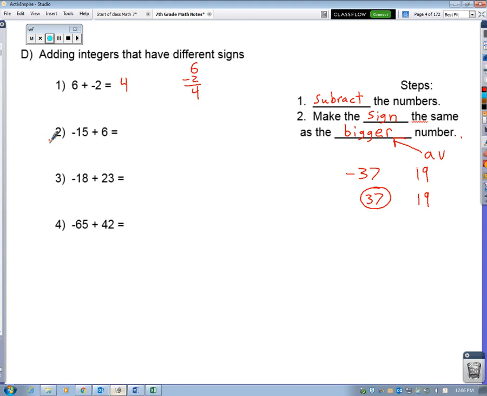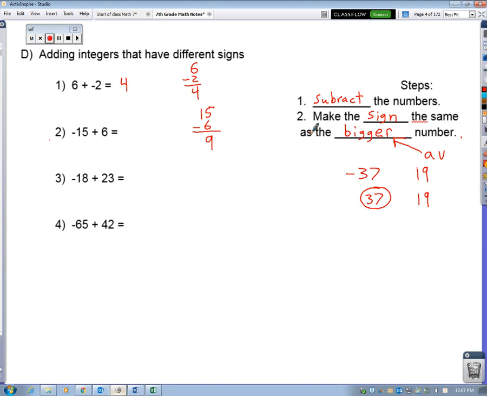Let's take a look at problem number 2. They're different. One is negative, one is positive. So I'm going to subtract. That's step number 1. I'm just going to take 15 minus 6. I get 9. Then I want you to do step number 2. Make the sign the same as the bigger number with the absolute value.